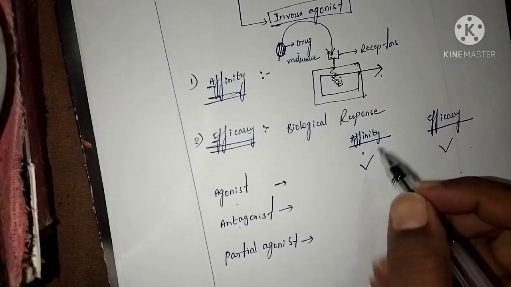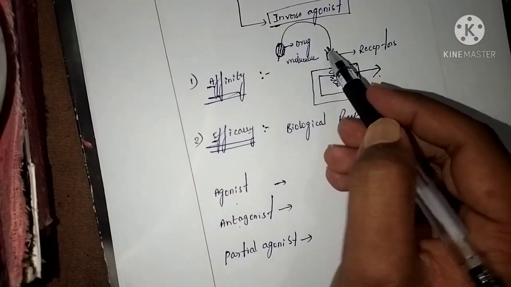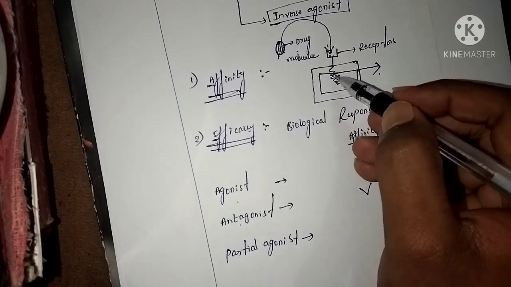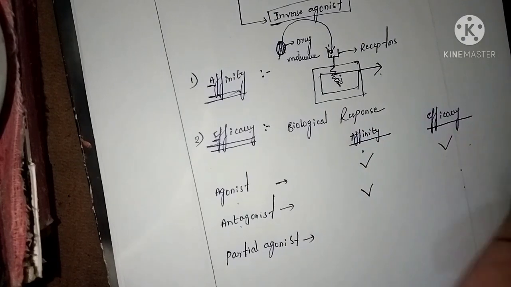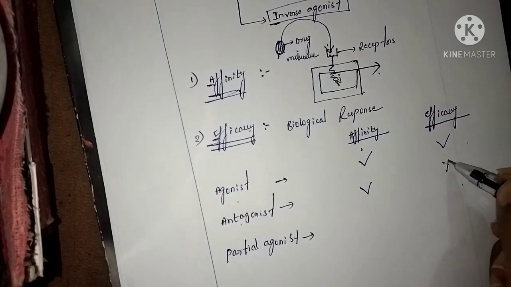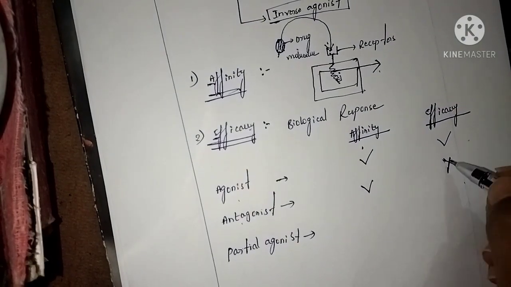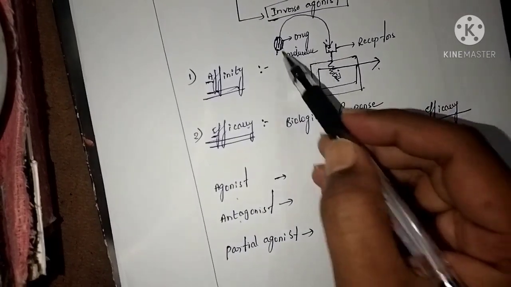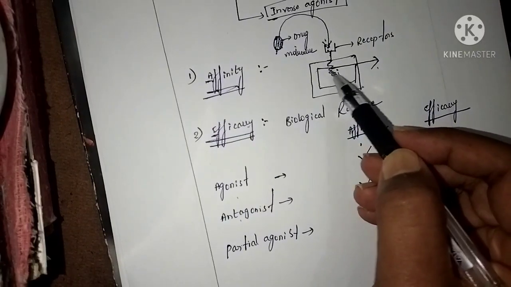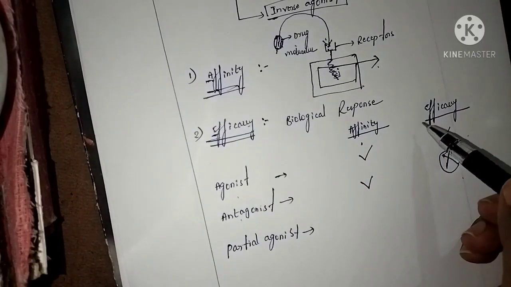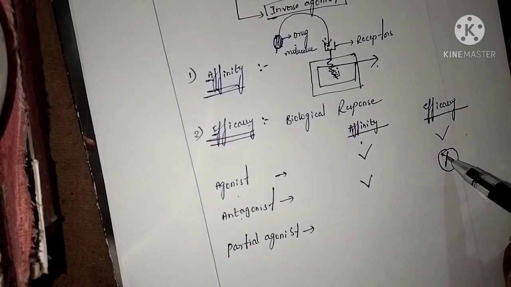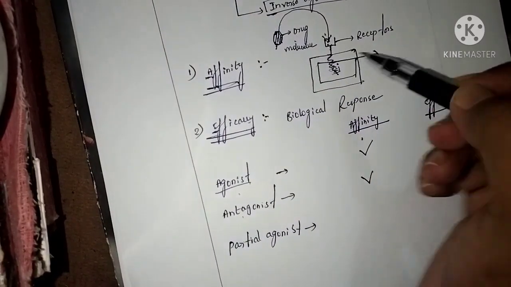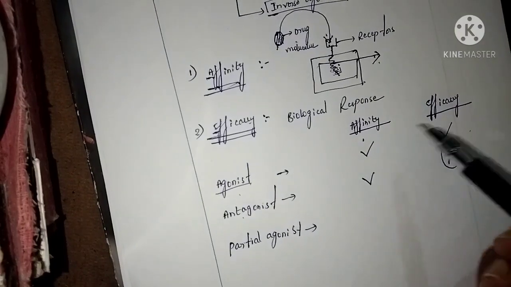Antagonist will bind to the receptor, so it has affinity, but it does not show any biological response, so it has no efficacy.